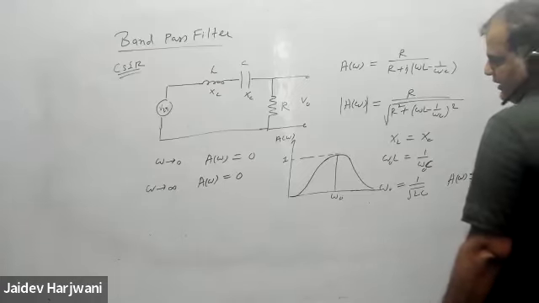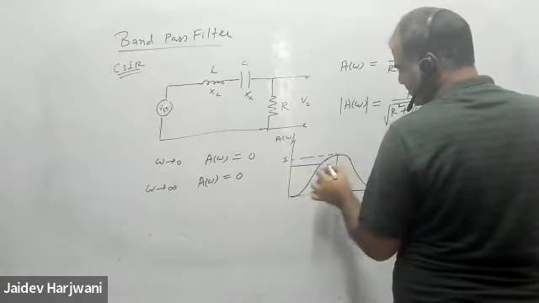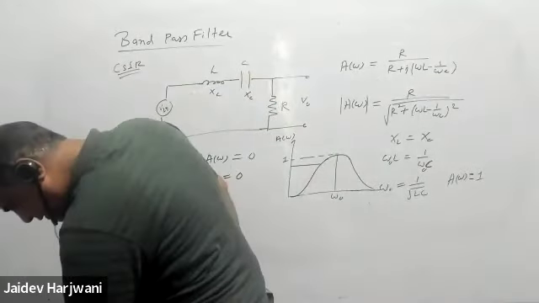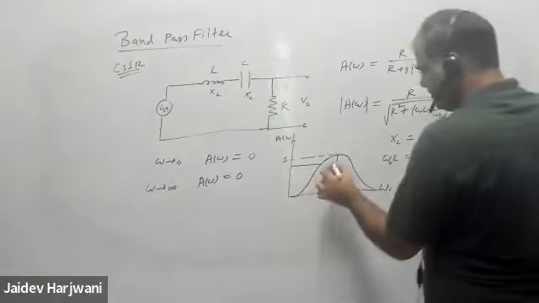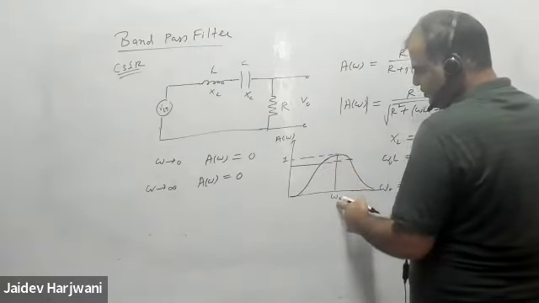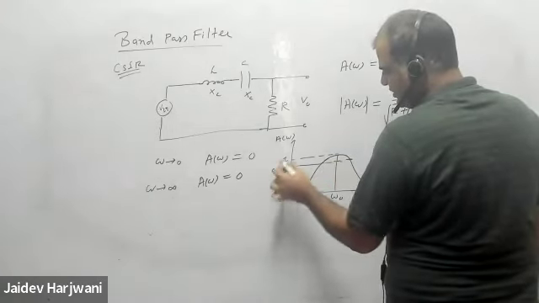Okay, and these will be the cutoff frequencies where your gain is 1 by root 2 of the gain, that is 0.707.